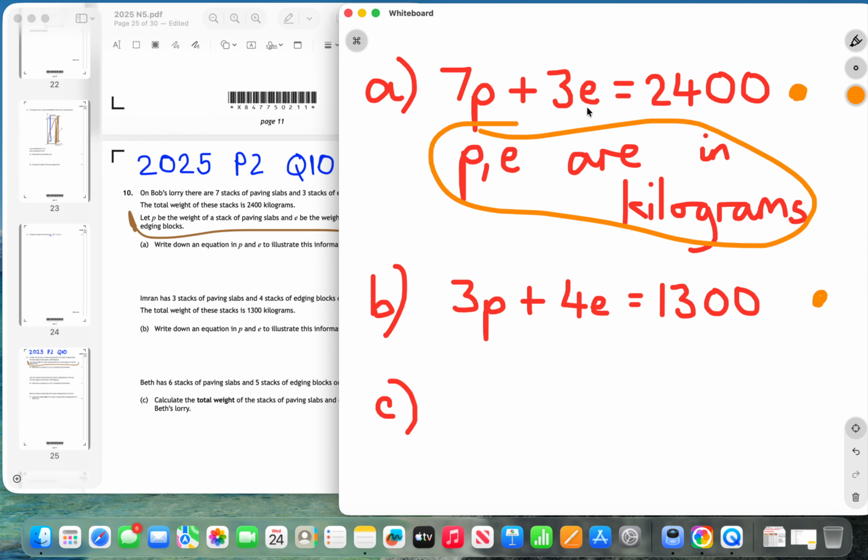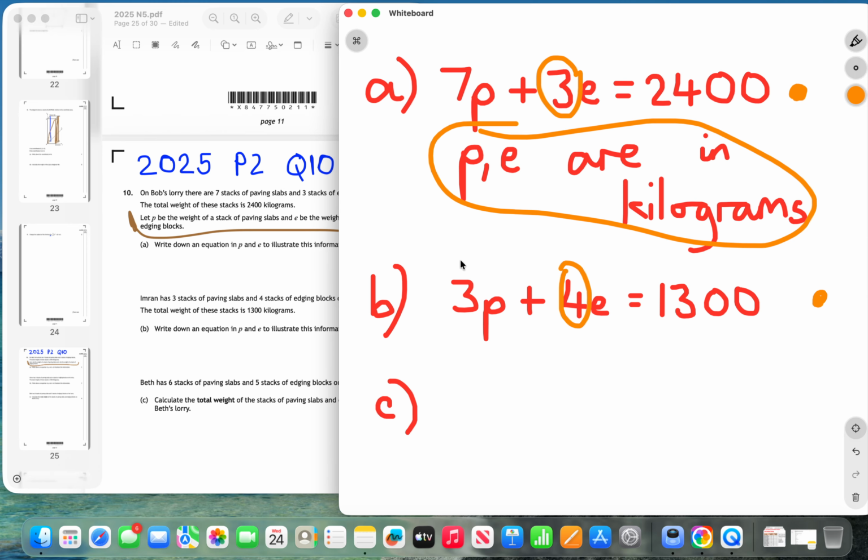The signs do not matter, just that the numbers are the same. So I'm going to go with 3 and 4 because it's a bit easier, but you can do something similar with the 7 and the 3.